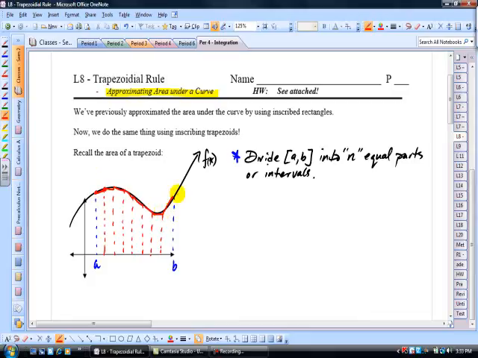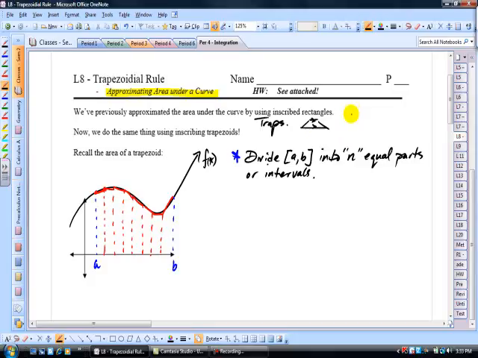I divided it up into parts here with equal width, and I need to determine the width of these intervals, which is going to become the height of the trapezoid. Let me talk about trapezoids for a second. You're familiar with them. They have 4 sides, but 2 sides are parallel, like this right here.